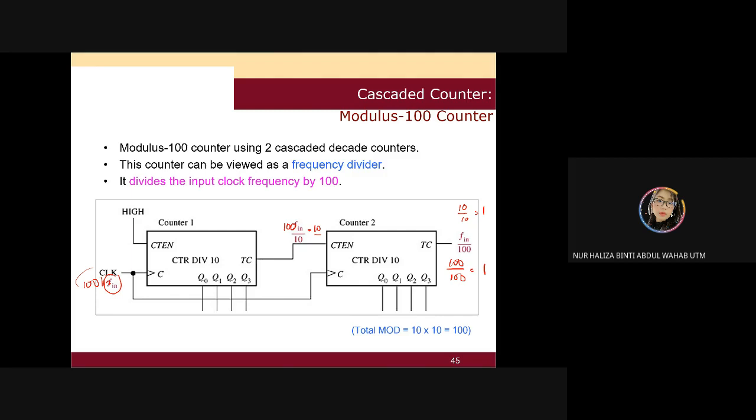Then over here, you can see if let's say you want to develop modulus 100 here, you can come out with the cascade 10/10, but maybe you can come out with the rest others also.